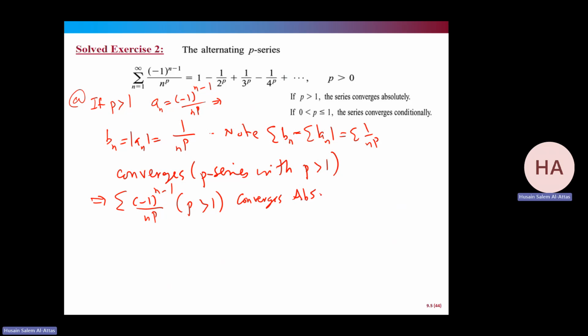Okay. Now, second case, if p is between 0 and 1, what will happen? Yeah.